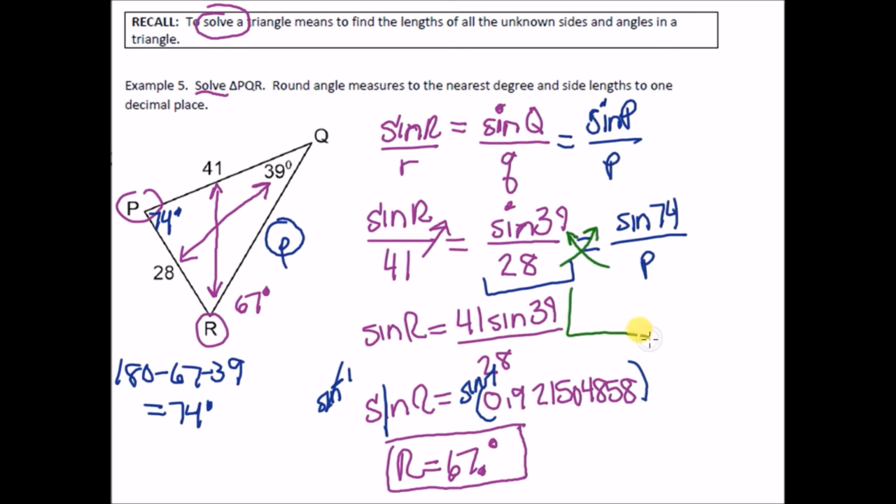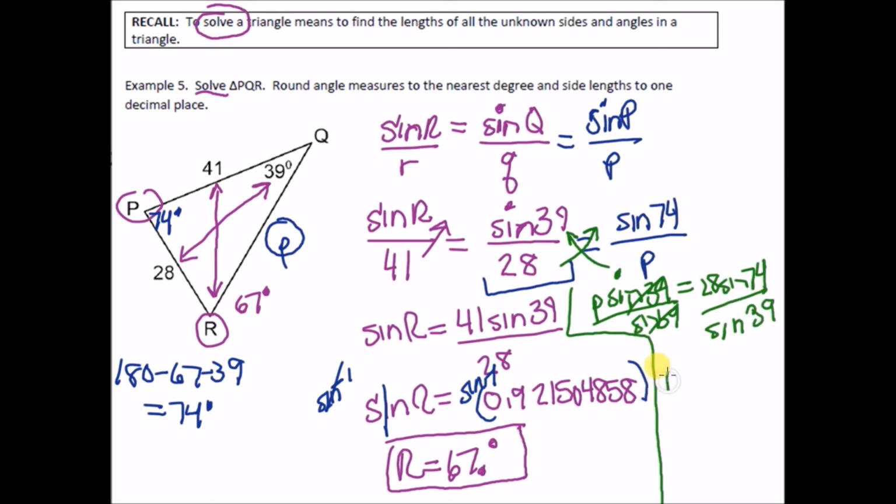So let's actually split our screen now. So P sine 39 equals 28 sine 74. And now let's divide both sides by sine 39. Those cancel out.